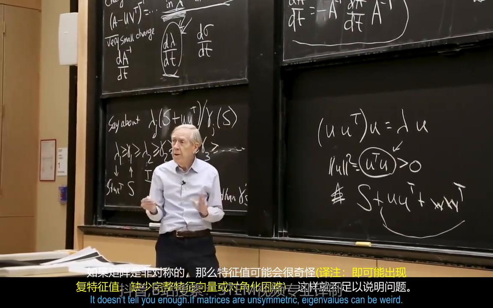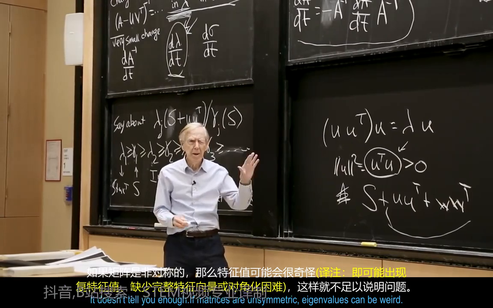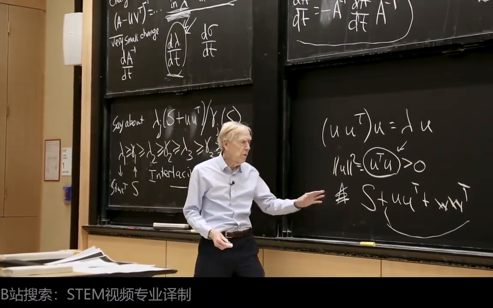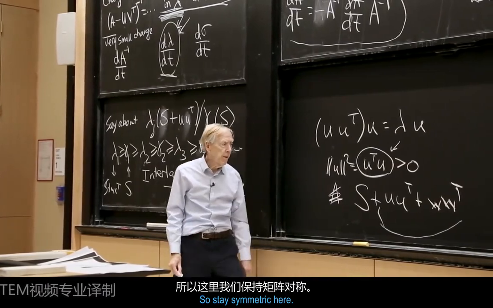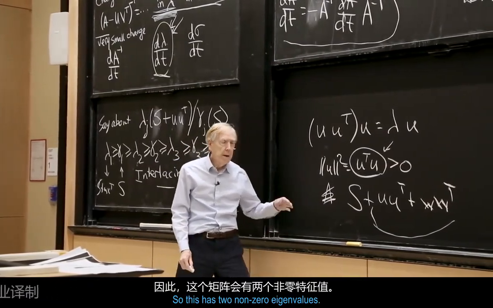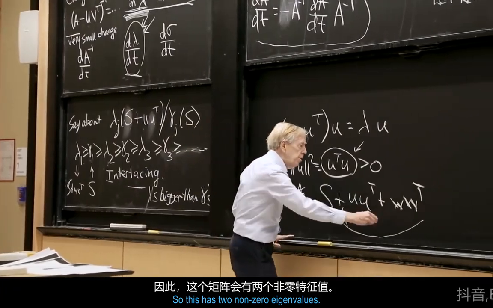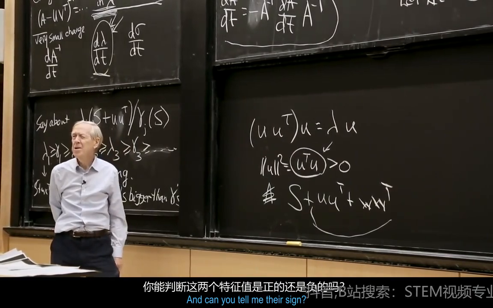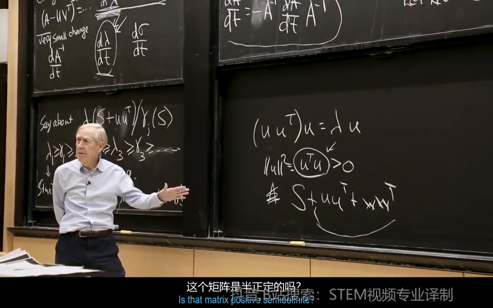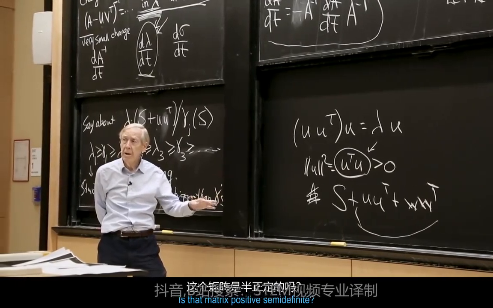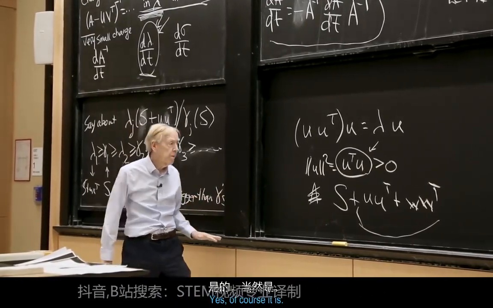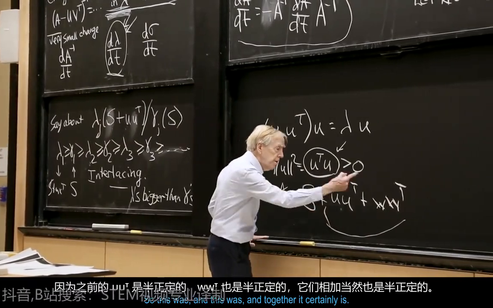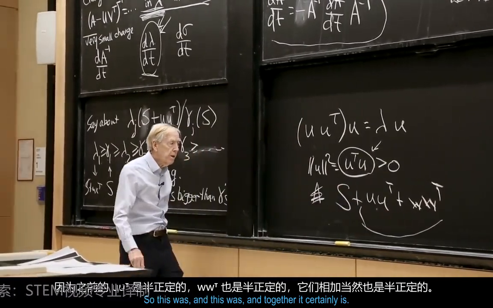It doesn't tell you enough if matrices are unsymmetric. Eigenvalues can be weird, so stay symmetric here. Okay, so this has 2 non-zero eigenvalues, and can you tell me their sign? Is that matrix positive semi-definite? Yes, of course it is. And together it certainly is.